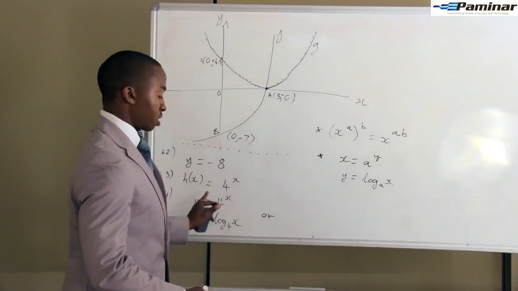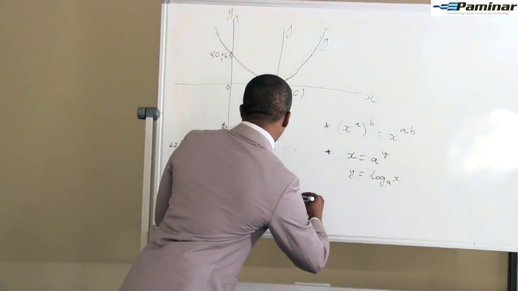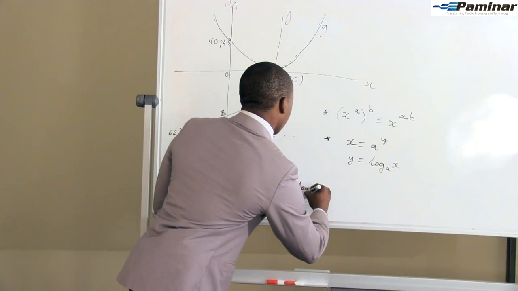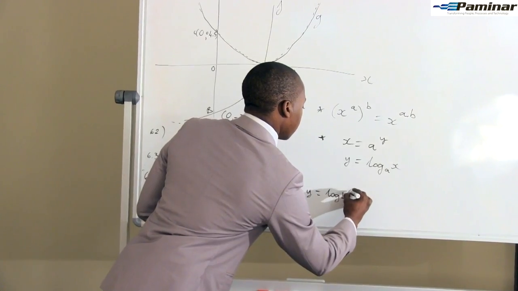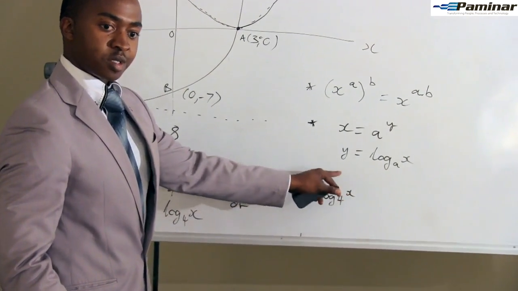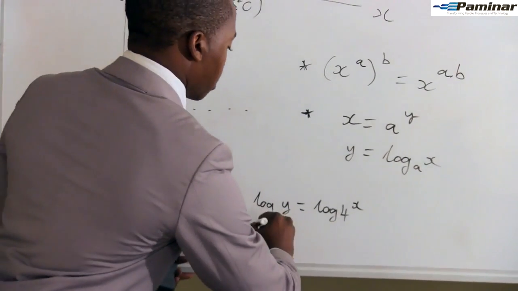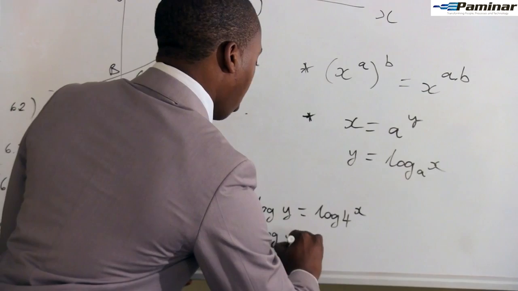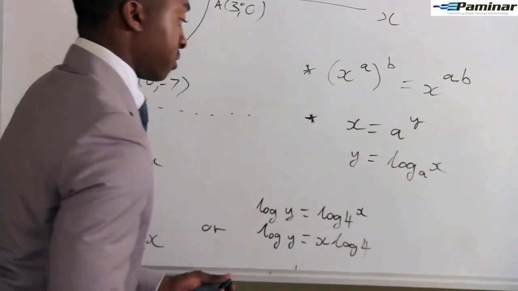In other words, log both sides. What I mean by that, you say log y should equal the log of 4 to the x. This x can come down based on one of the rules of logarithms. So this will become log y is equal to x log 4.